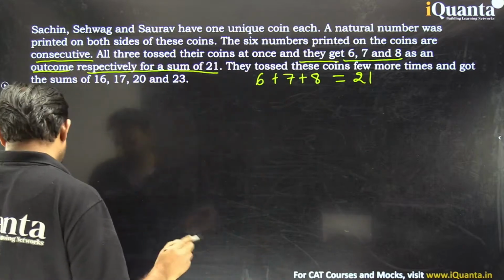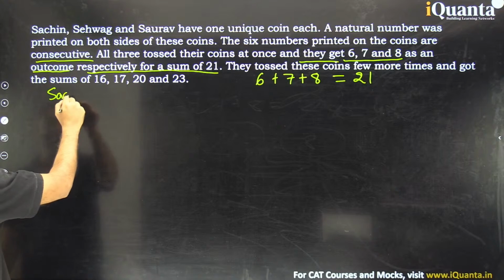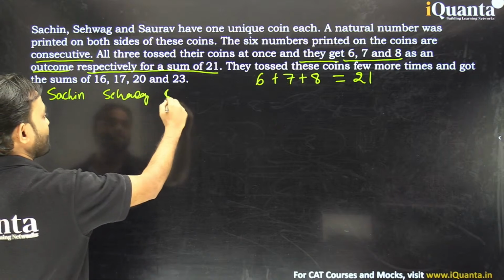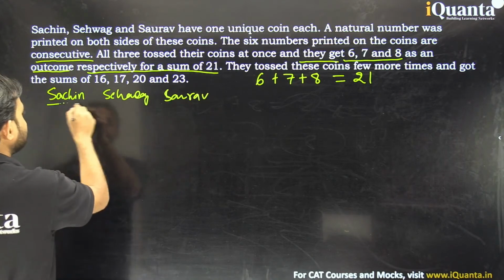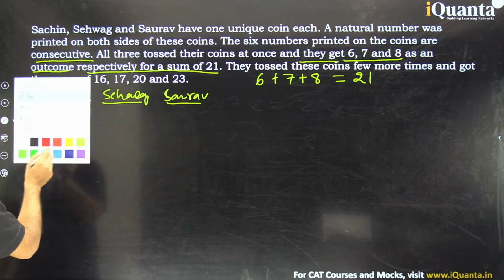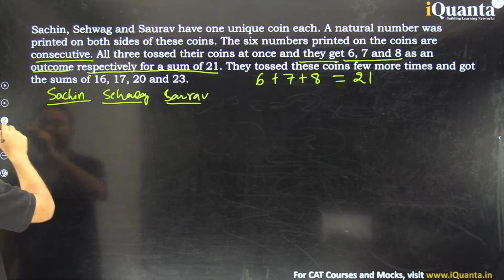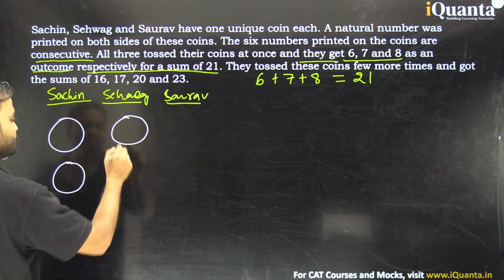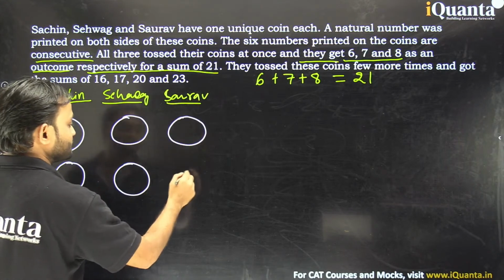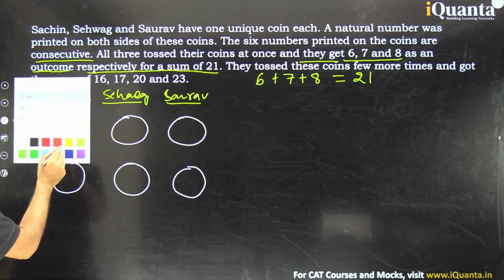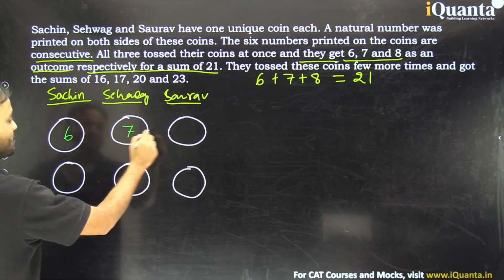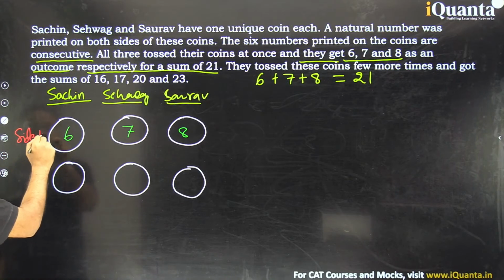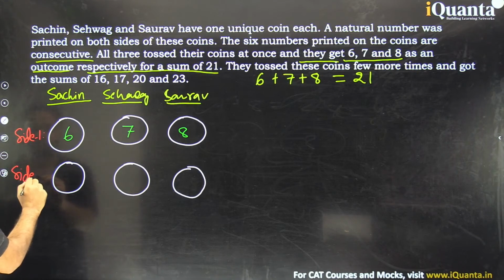So can we say that Sachin, Sehwag and Saurav, these 3, if we try to write down the first side and second side of these coins, can we say this for sure that one side, this is side 1 and this is side 2.